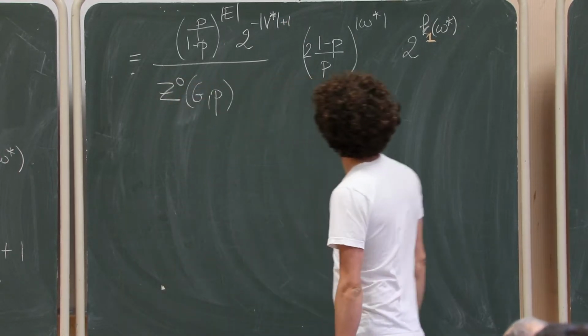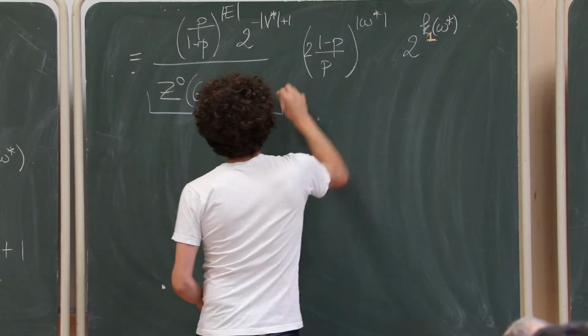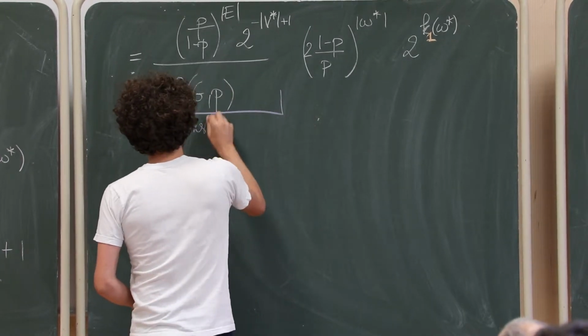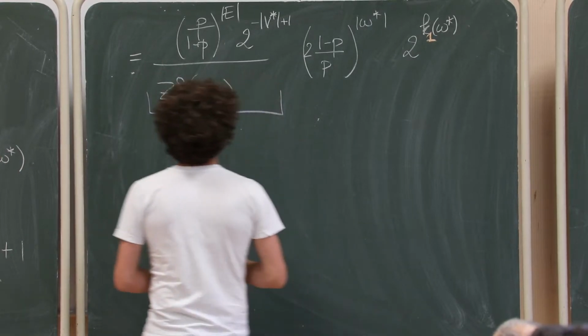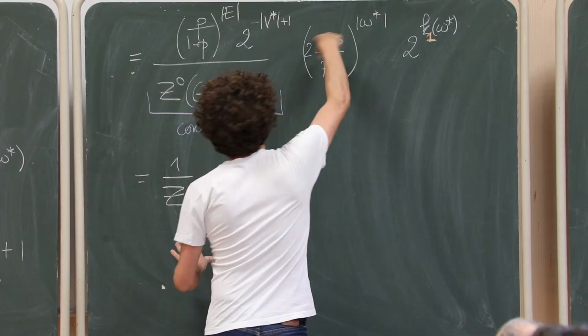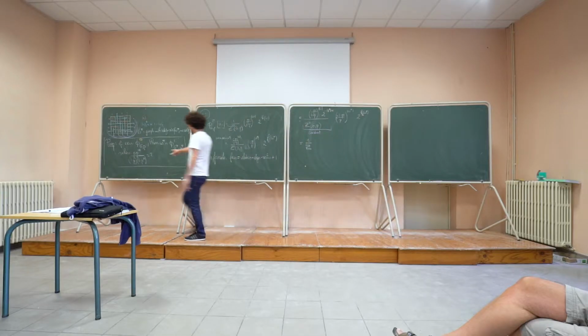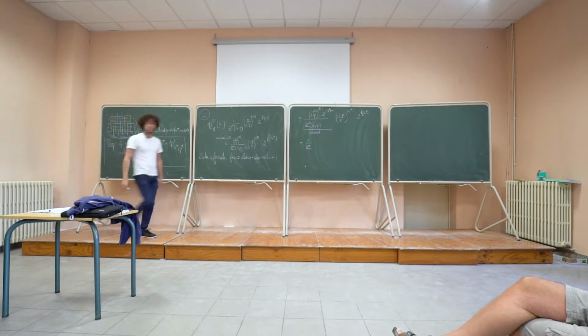Okay? This whole thing here is constant, so let's call it Z. And here, by the formula that I expressed here, 2 times (1 minus p) over p is just p star over (1 minus p star).